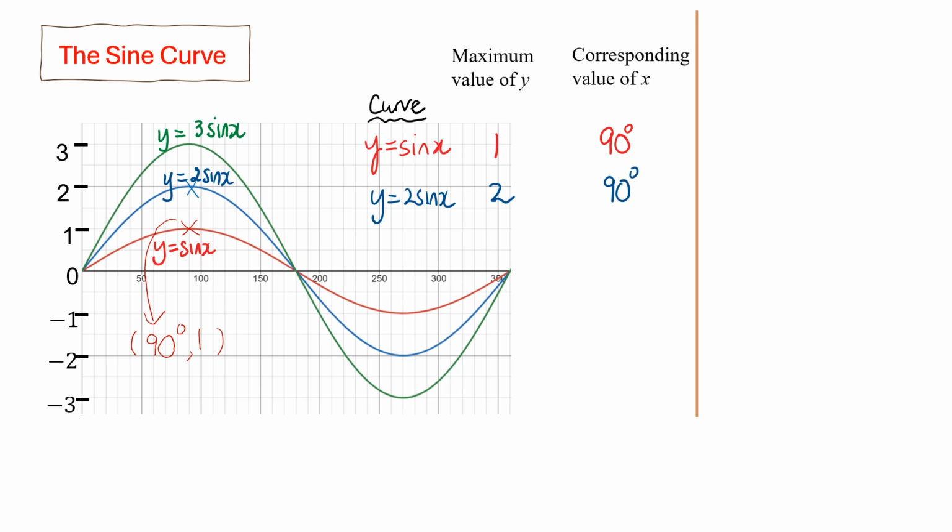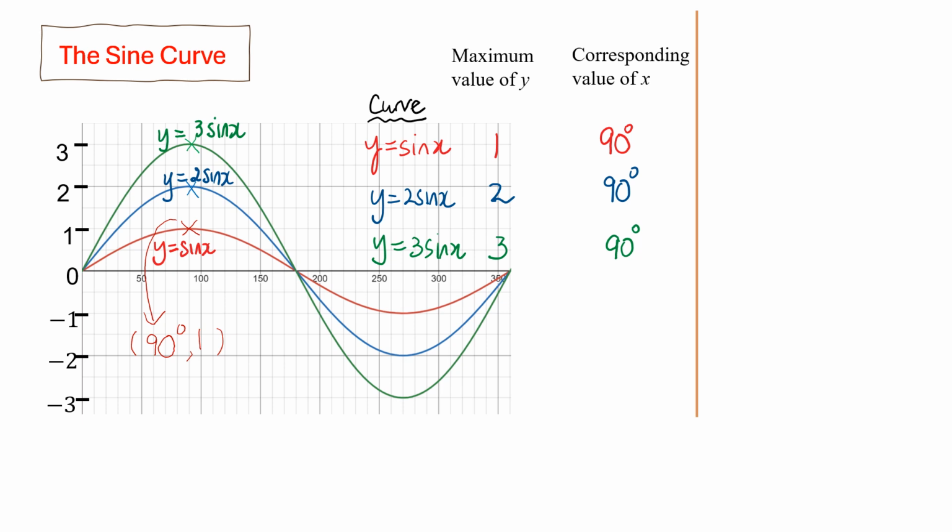Let's proceed on to the green one. Likewise, for the green one, we can see that the maximum y value is 3, and that happens when the angle is 90 degrees. So what is the connection between these three different functions?